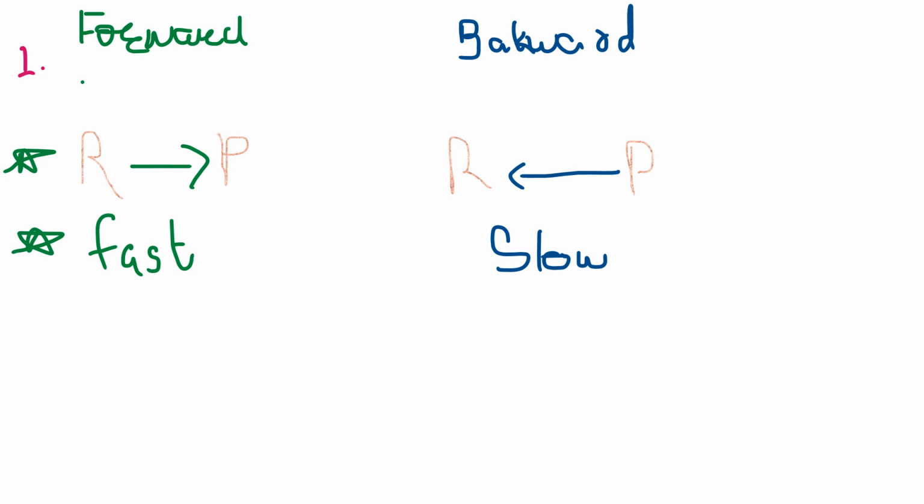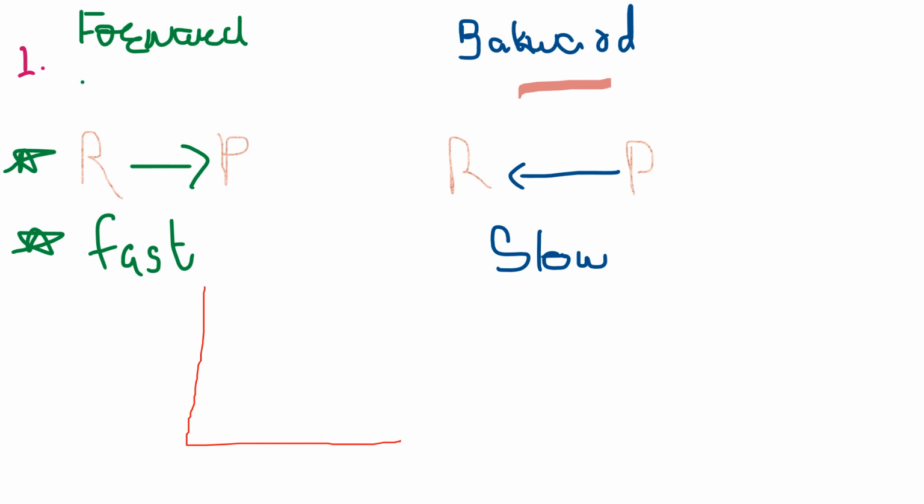Second point is that the forward reaction always occurs at high speed, and the backward reaction at the initial point is slow. Just suppose that we do have a graph. It's a weird graph I made, but just suppose that this is a graph.